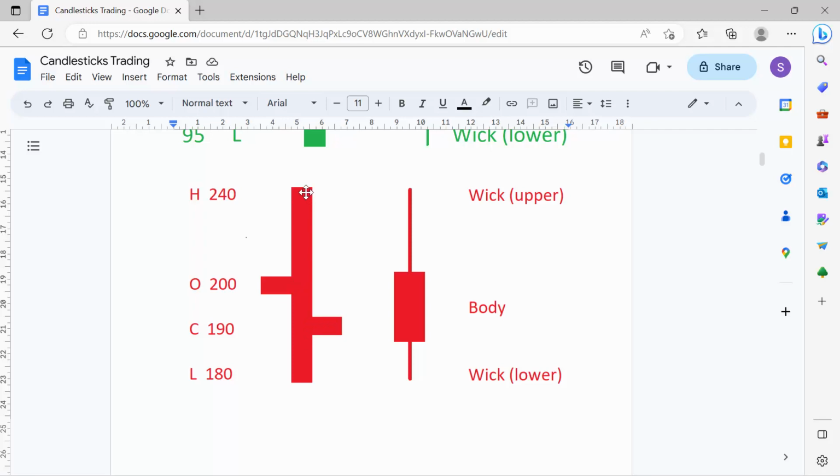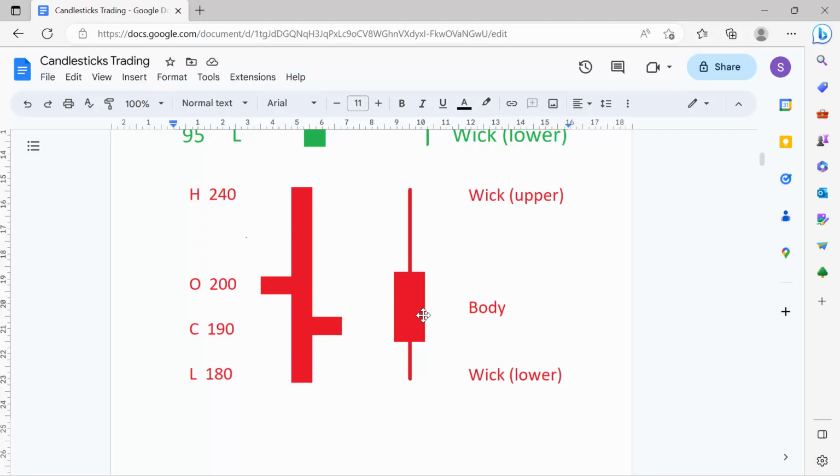The top of the bar represents the high price and the bottom of the bar represents the low price. Here you can see the difference between the close and the low is 10 points. So this part is 10, and the difference between open and high price is 40 points, so the top part represents 40 points. In the picture it may not be so clear, but you can understand the logic.